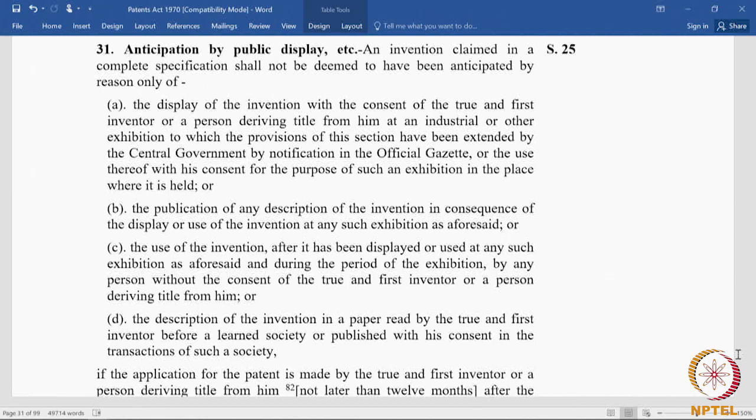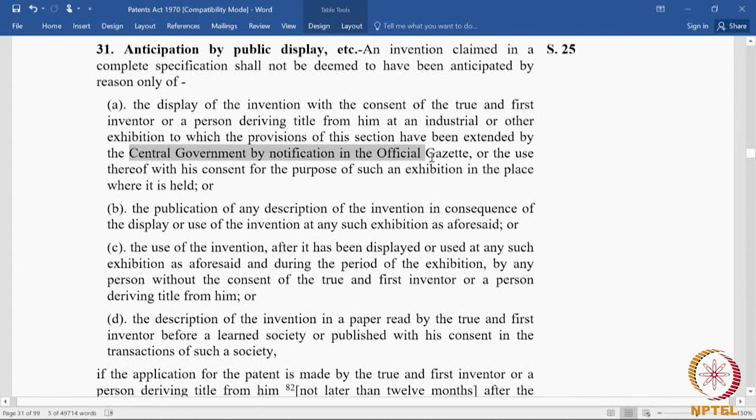An invention claimed in a complete specification shall not be deemed to be anticipated by reason only of display of the invention with the consent of the true and first inventor or the person deriving title at an industrial or other exhibition. So display of the invention at an industrial or other exhibition to which the provisions of the section have been extended by the central government by notification.